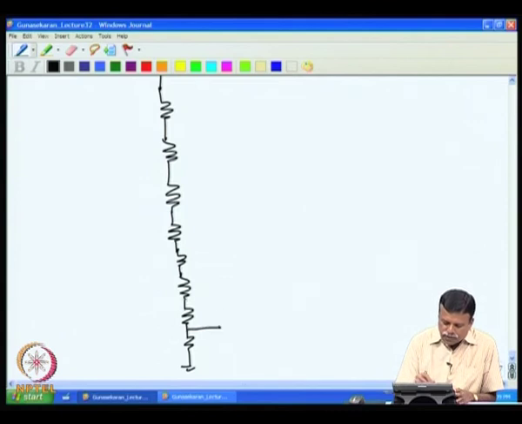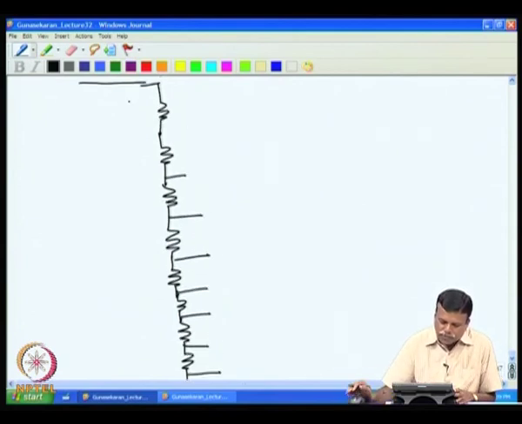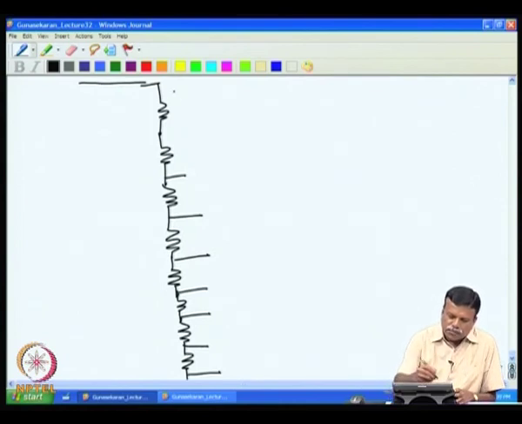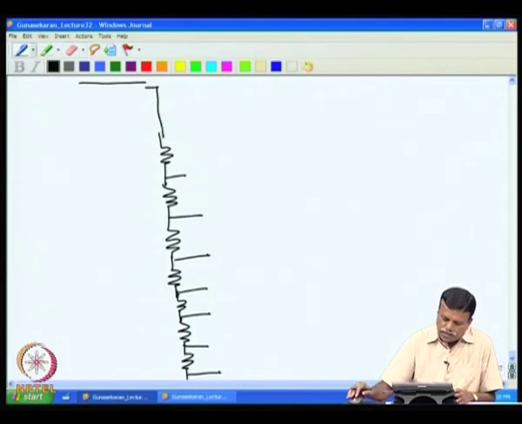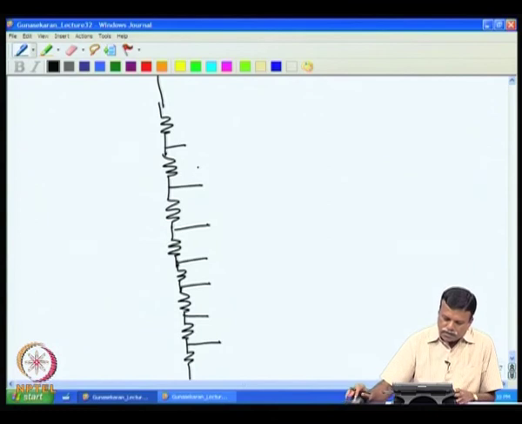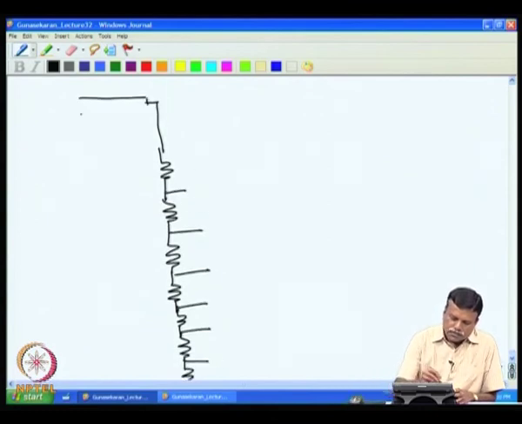There are actually 7 outputs required, 1, 2, 3, 4, 5, 6, 7. Okay, the top one I can remove. I can connect this. This is V in.